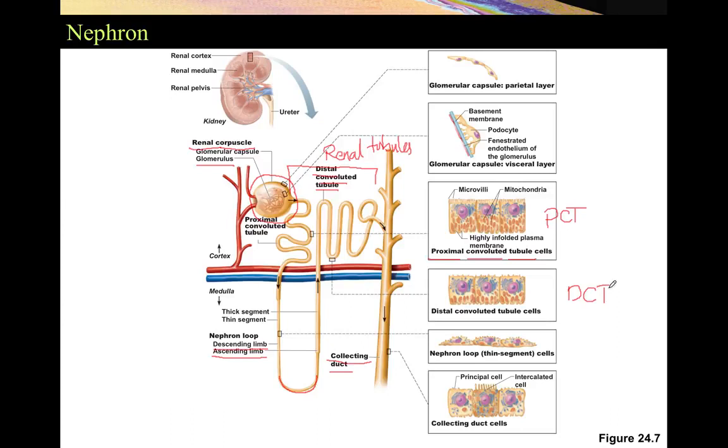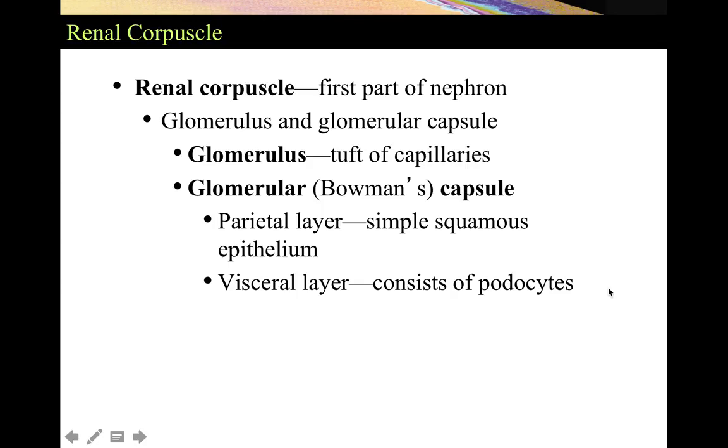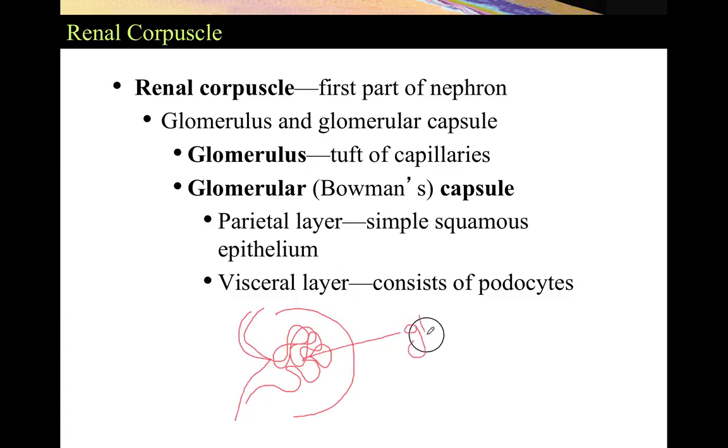So if you're looking at the structure of a nephron and breaking it down, renal corpuscle, as I mentioned earlier, is basically the circular head. You have the circular head, which is made up of a bunch of capillaries inside, and these are the capillaries that I'm drawing. The capillaries are your what?